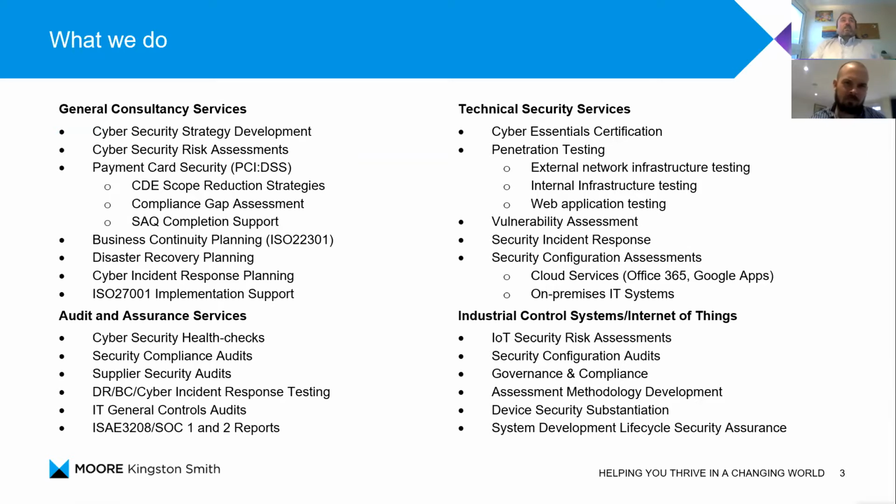Just before we start, a little bit about what we do at Kingston Smith from a cybersecurity perspective. We offer general consultancy services to our customers, from helping define what a cybersecurity strategy looks like, through to compliance work. If you want to comply with ISO 27001 or PCI DSS or any of the other standards out there, we can help with that. We provide audit and assurance services on the technical side, including cybersecurity health checks, security compliance audits, supplier security audits, and a whole raft of other bits and pieces.